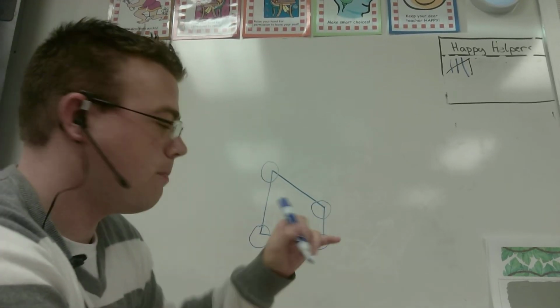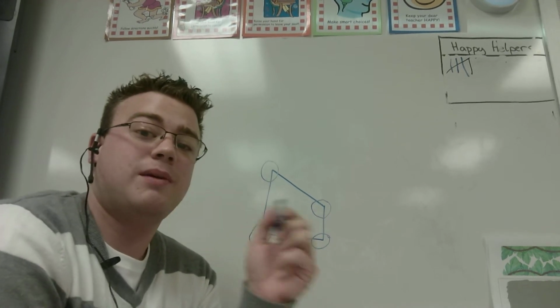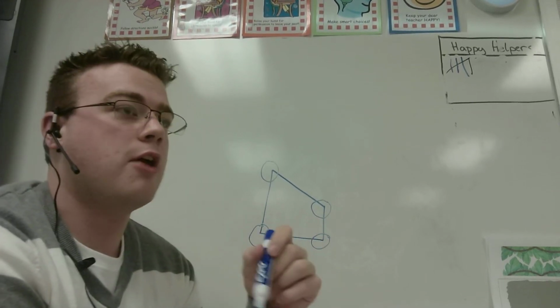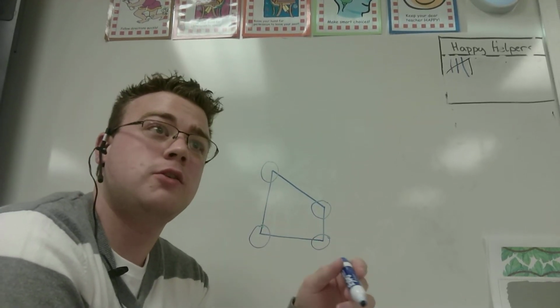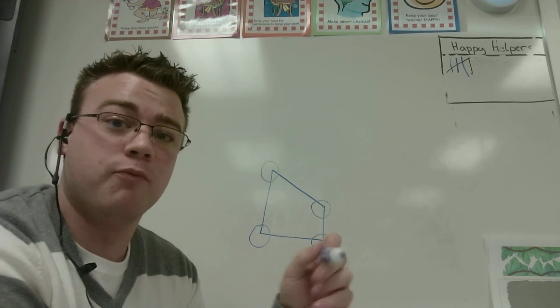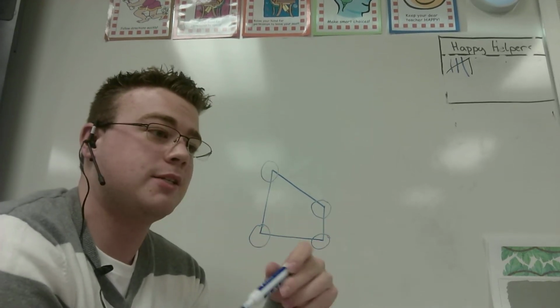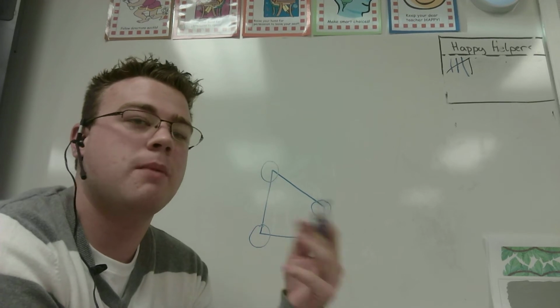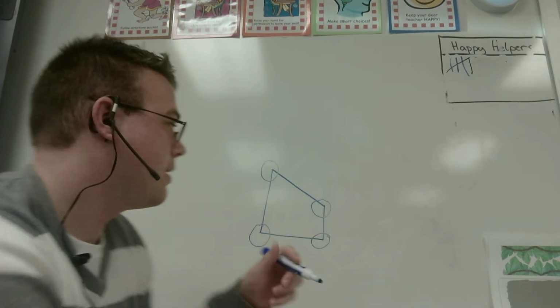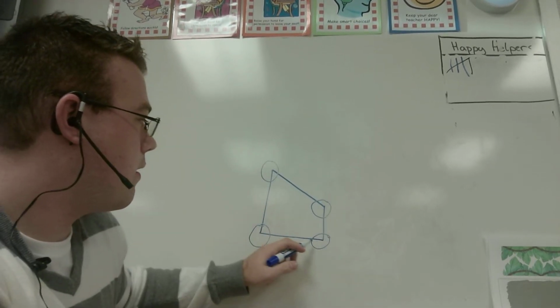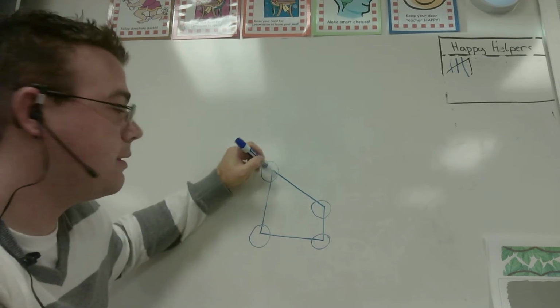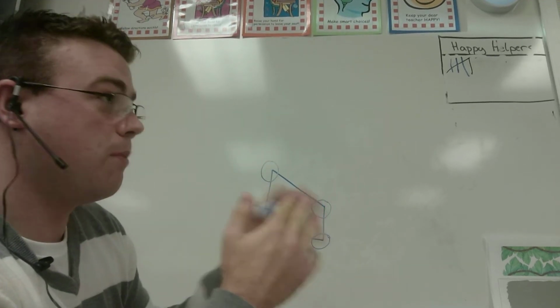You may hear me say vertices throughout the video, and vertices is the plural of vertex, so just remember that as I say vertices. Anytime you have sides that meet together at a point, it's going to make a vertex.